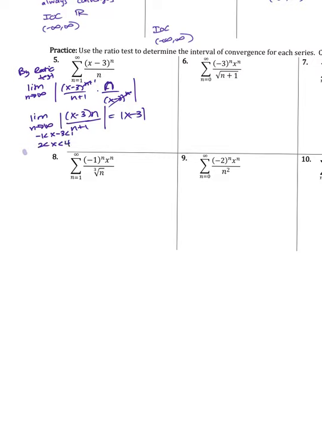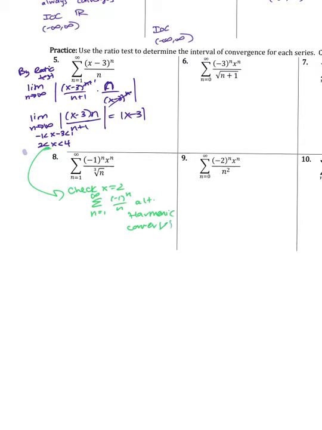But before we can say that this is the answer, we need to check the endpoints. So I'm going to come down and take up some space down here to do so. I'm going to check x equals 2. If I plug in 2, the series from n equals 1 to infinity of negative 1 to the n over n, this is the alternating harmonic series. I love it when that happens, which we know converges. So this is going to have a line underneath it.